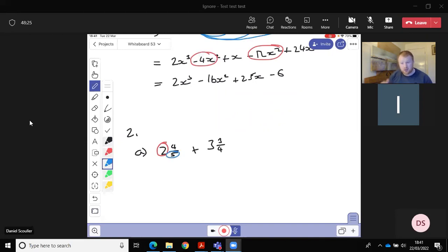In this case, it's 2 whole sets of 5. So essentially that's 10 over 5 plus the 4 over 5, which will give you 14 over 5. I'll just break that down and put that in the bracket.